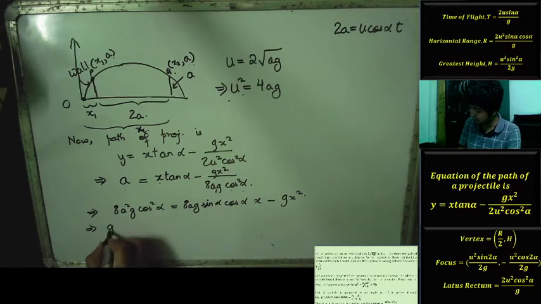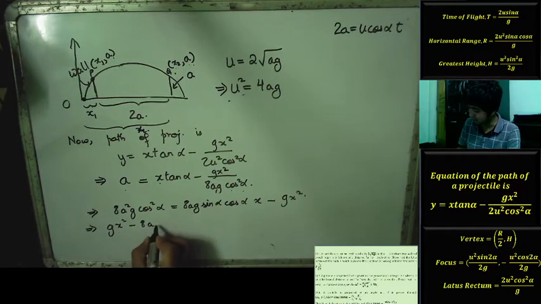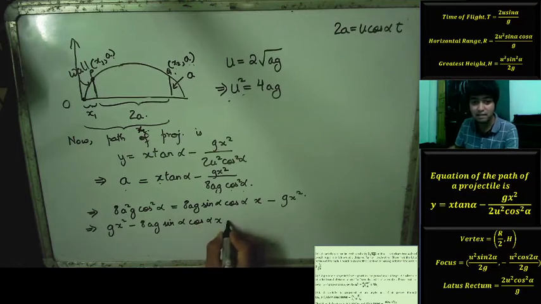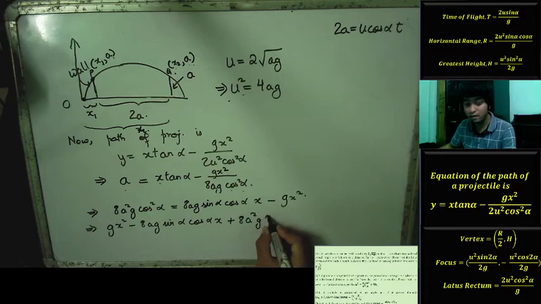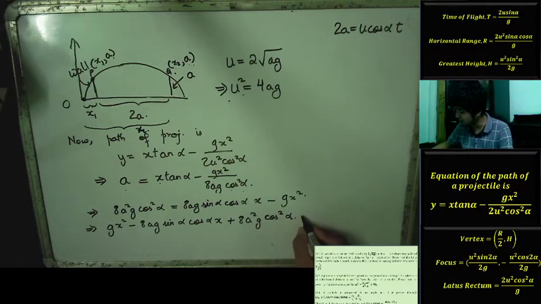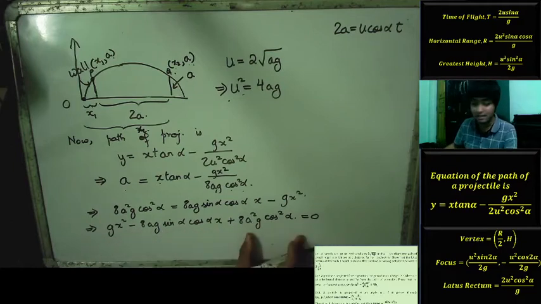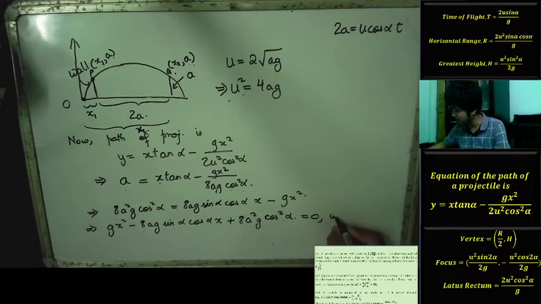So you will have g x squared minus 8ag sin alpha cos alpha x plus 8a squared g cos squared alpha equal to 0. Because everything is a constant except x, this is a quadratic equation in x.